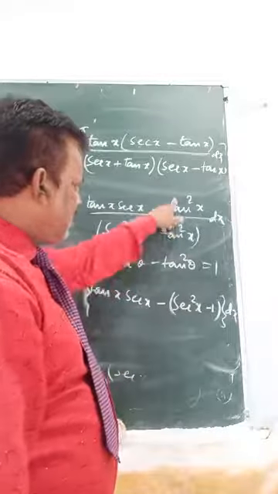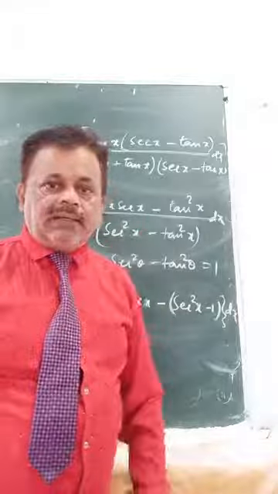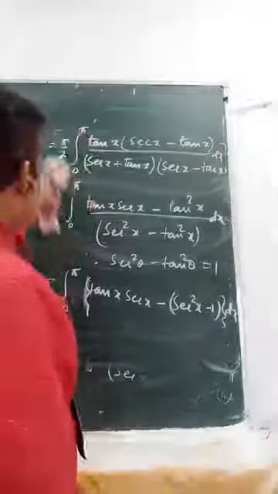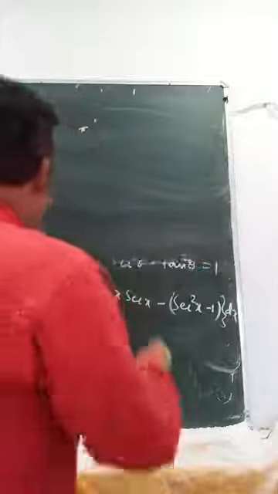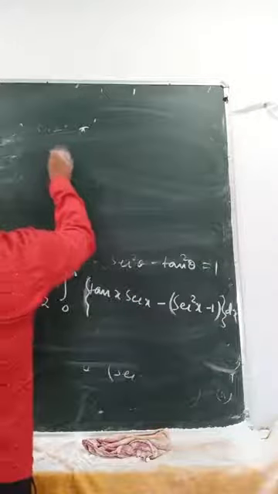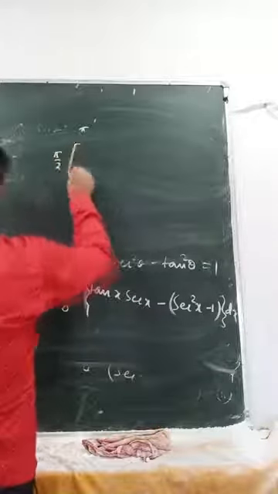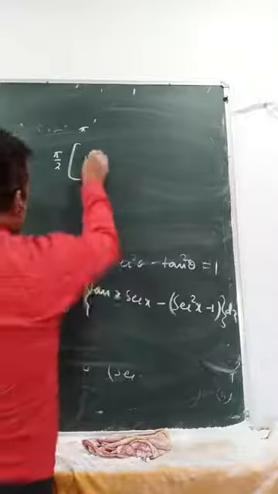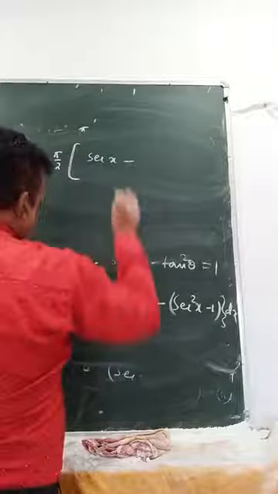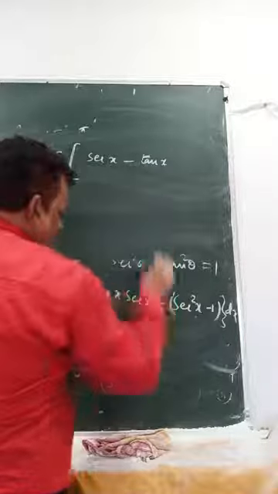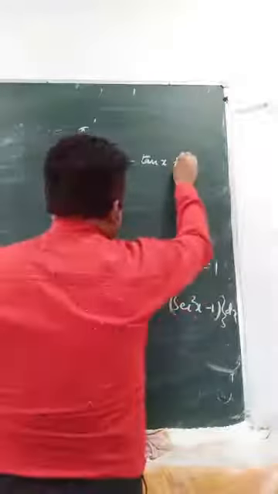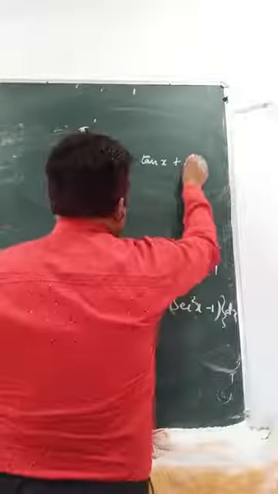Tan square cannot be integrated, but sec square can be integrated. So that will give you pi by 2, tan x sec x is sec x, sec square x is tan x, this minus minus is plus, 1 dx is x.